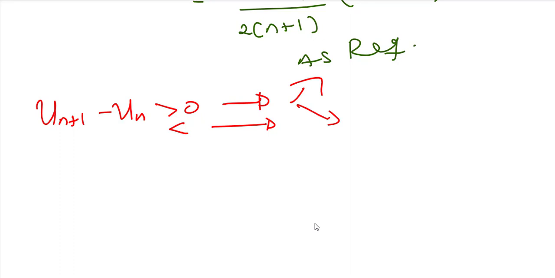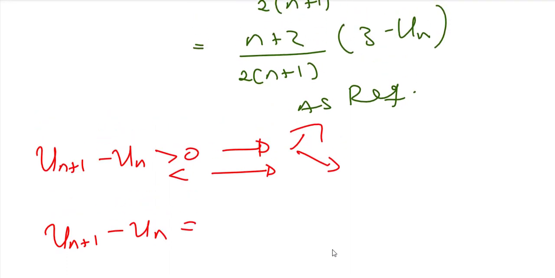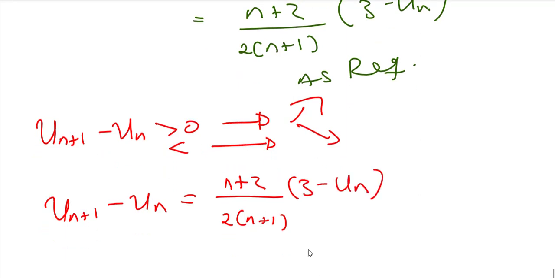Now what do we have? We already have an expression of u_{n+1} minus u_n, which is equal to (n plus 2) divided by 2(n plus 1), then times 3 minus u_n.